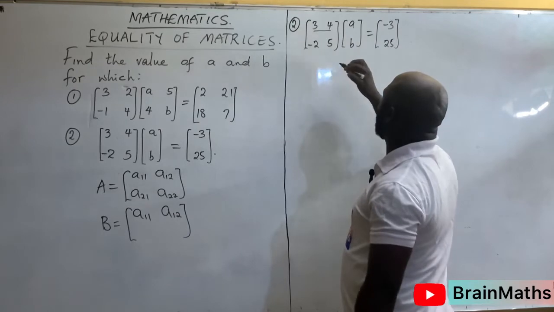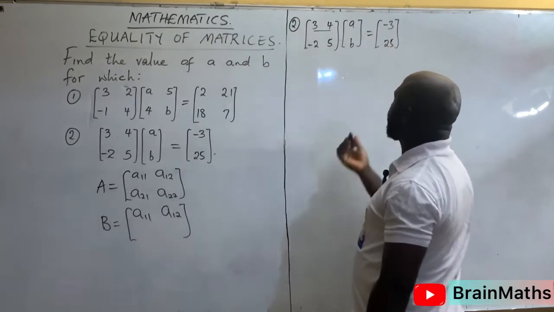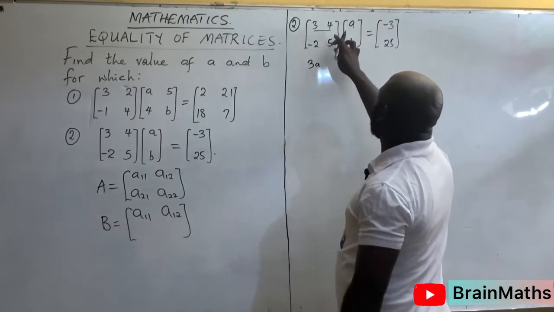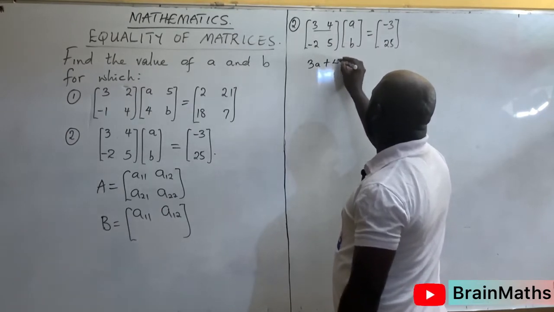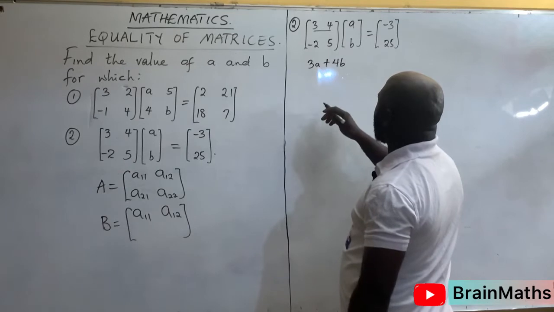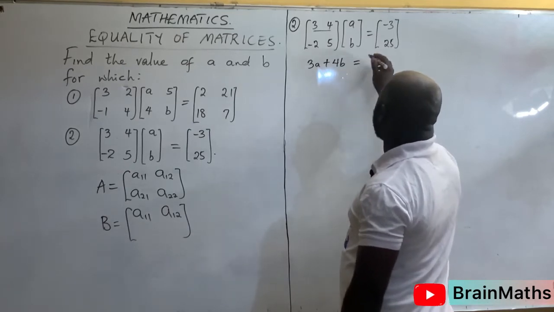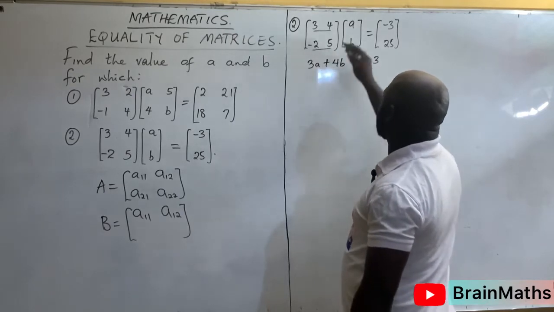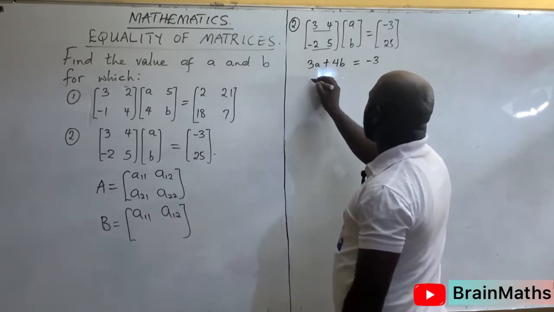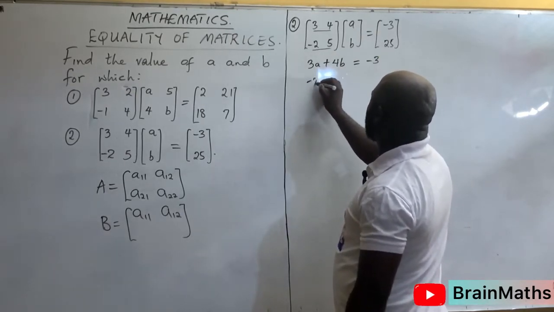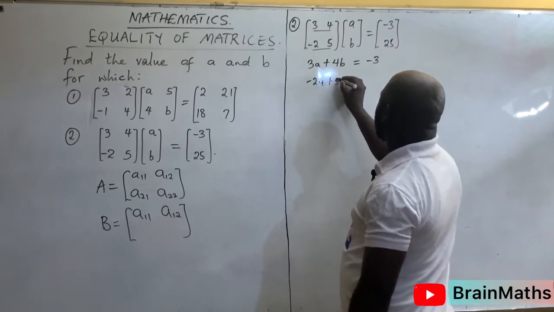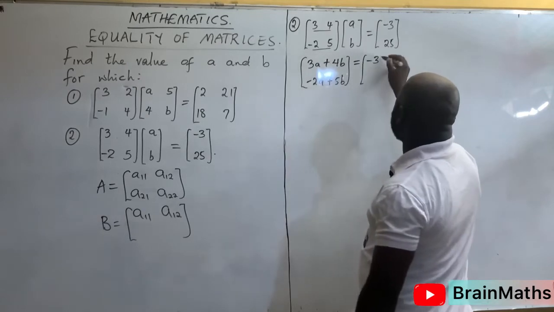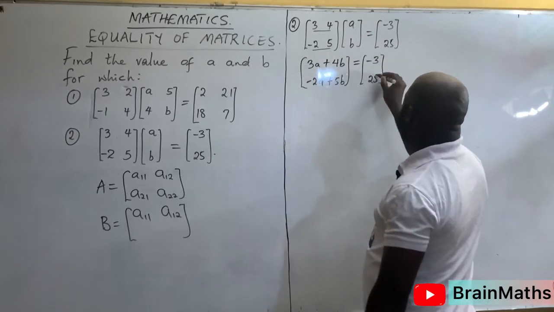So we take row 1 and the only column that is given to us, that is going to give us 3A plus 4B, and that is equals to what? -3. Then the second one, mapping again, we have -2A plus 5B. So this is its own matrix, and this is the second matrix, which is 25.